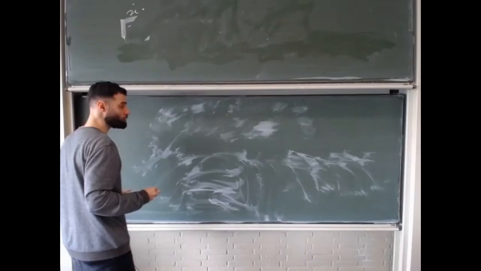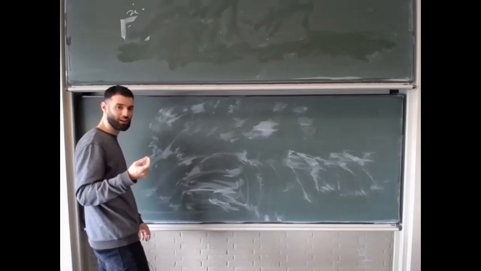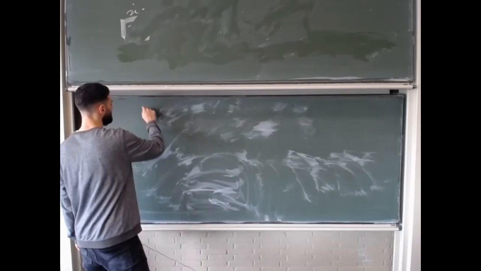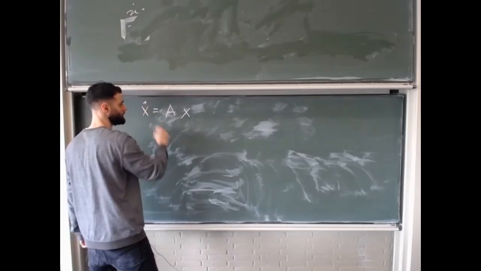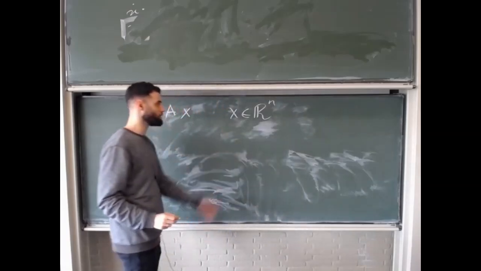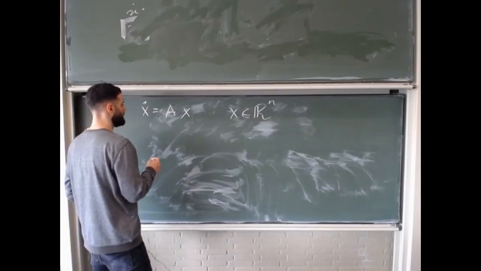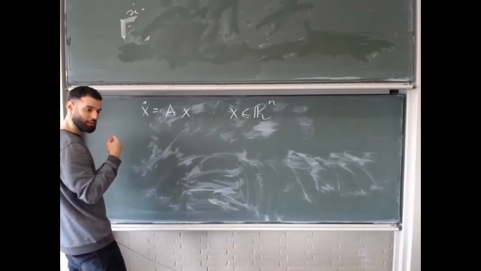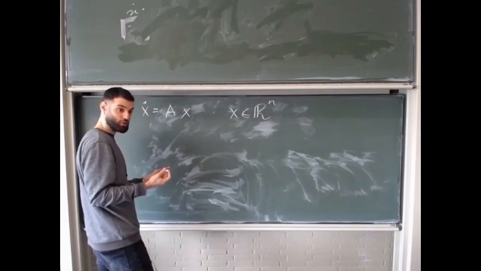Now, another thing to recognize, and you will have seen it in your control courses, is that this generalizes to multidimensional systems. That is, even if we take x dot equals ax, where x is, for example, some vector in R^n, but can be a finite dimensional vector, okay, then the solution of this differential equation generalizes in the same way as the scalar case to the so-called matrix exponential.